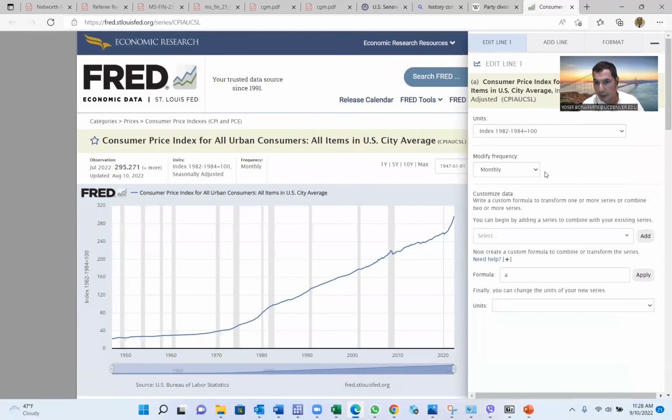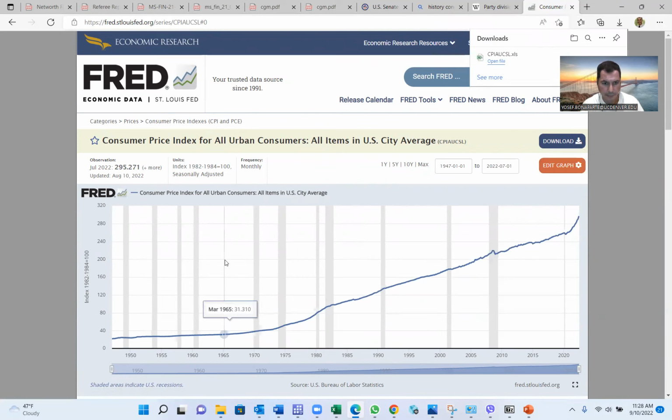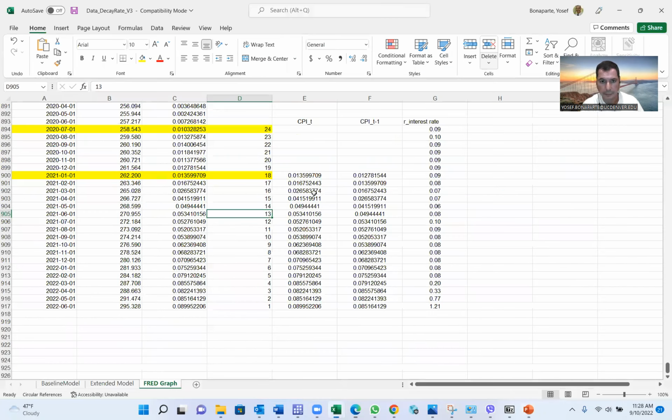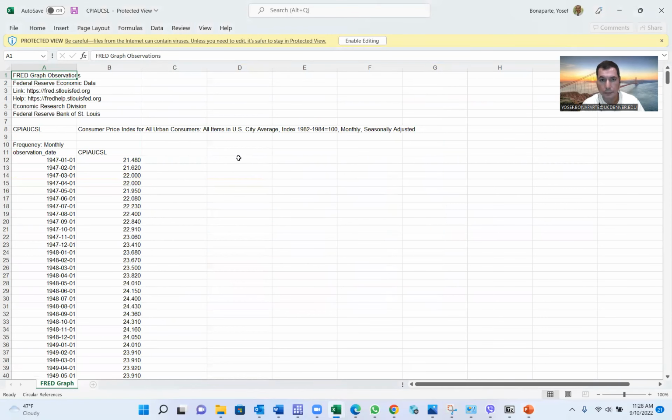What we will do is analyze monthly, because the Federal Reserve looks month over month. And then we're going to download Excel and open it. So you will get something like this, Excel.